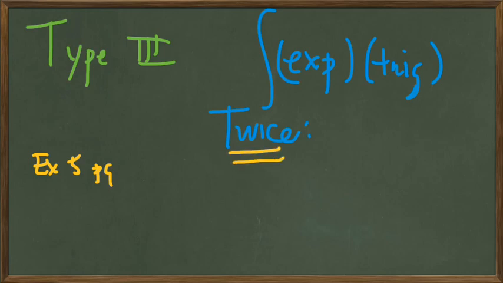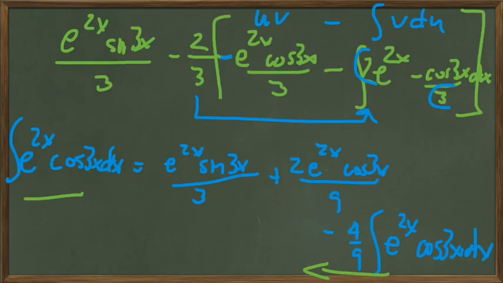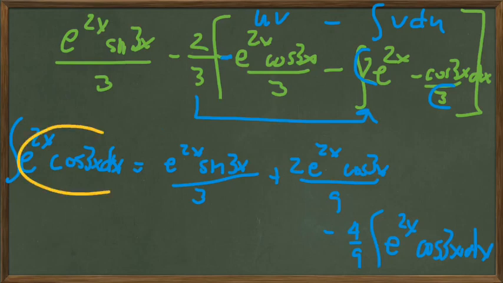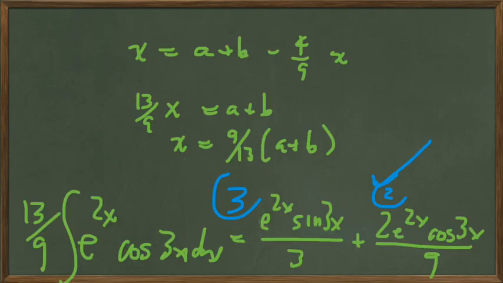We always have to do these twice, and what is distinctive about these is that the integrand that we start with winds up being the same integrand on the right-hand side of an equation after we've done this twice, but we start off with a coefficient of 1, and on the right-hand side we have some other coefficient, and we're able to then combine this together to get a new coefficient in front of our original integral.